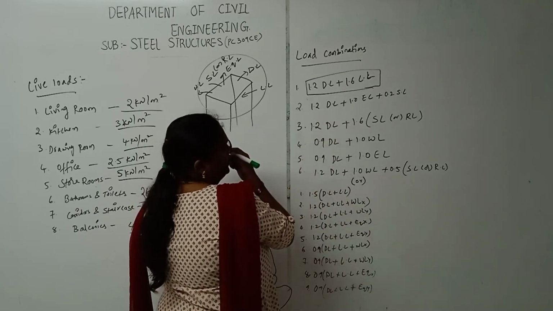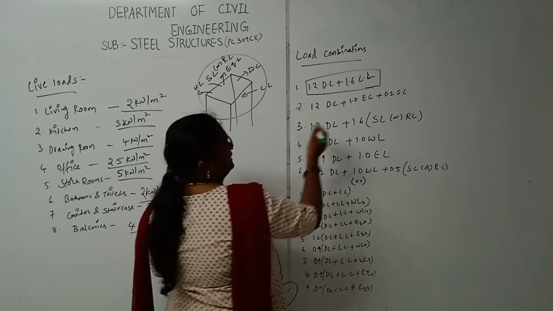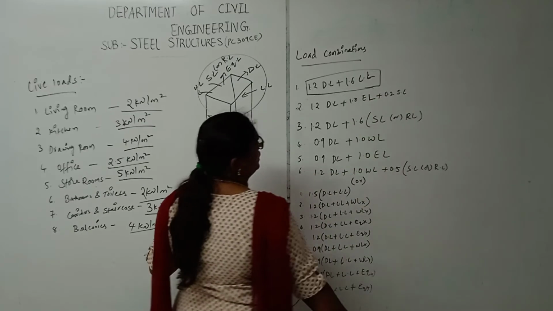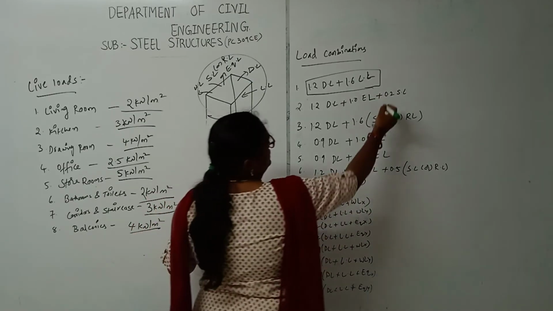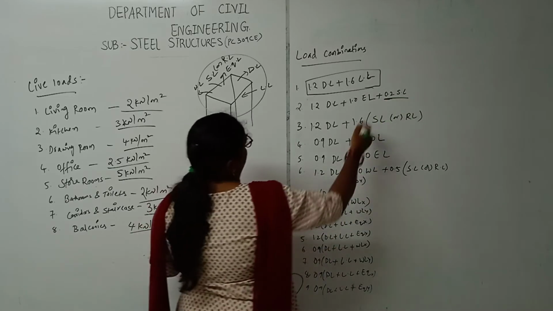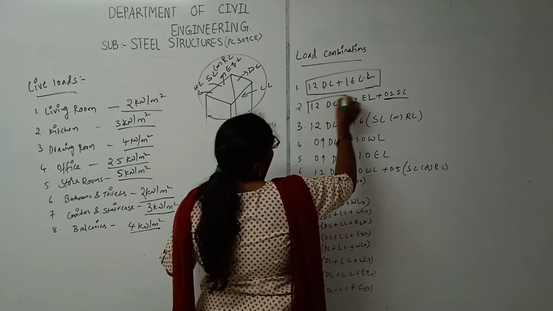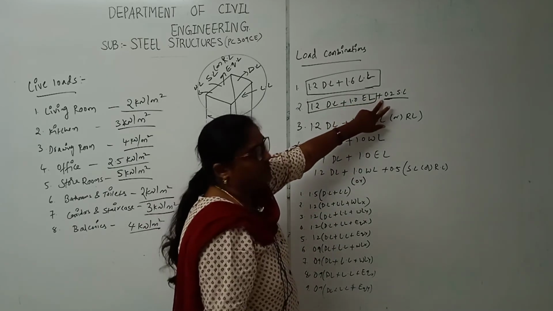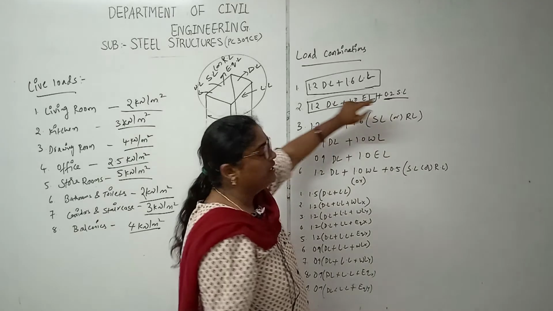Next one is 1.2 into dead load plus earthquake load plus 0.2 into snow load. Sometimes we will consider only these loads when snow load is negligible, right?